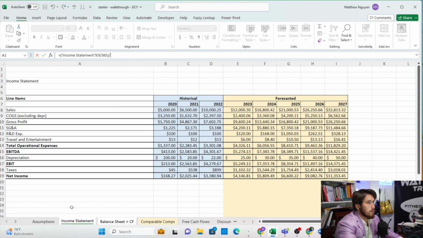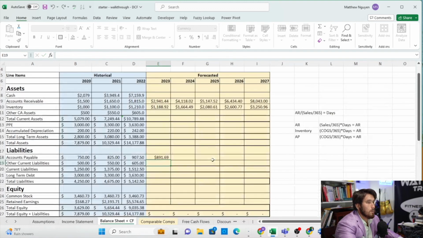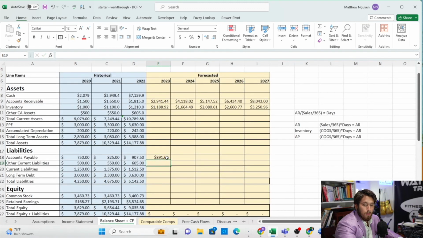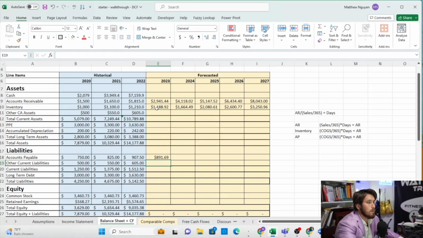So we'll multiply this by our average days payable here. Looking fantastic. We'll pull this out. Okay, oops, I forgot to lock it again. So we'll lock this, and we will pull this over.